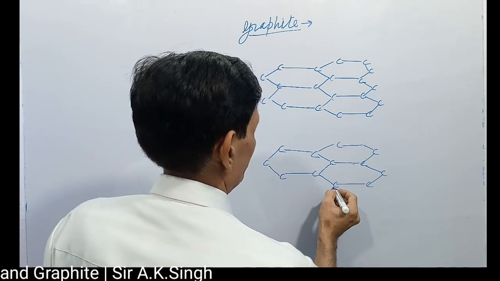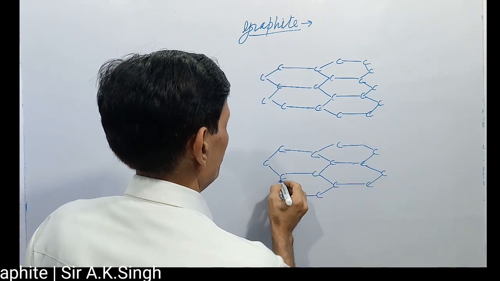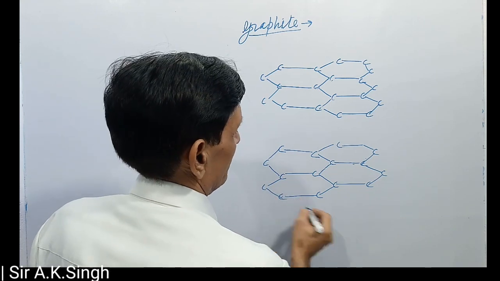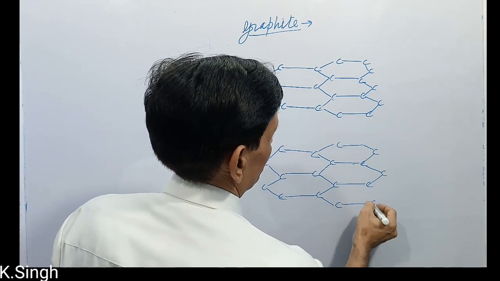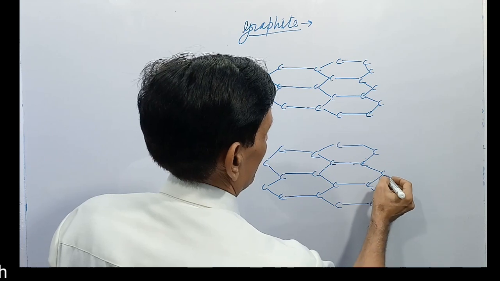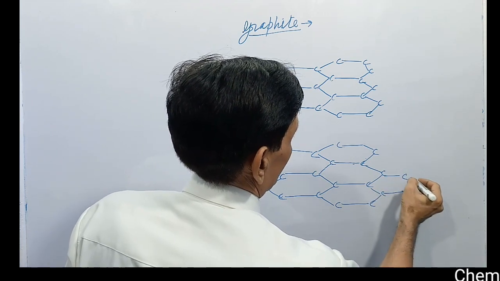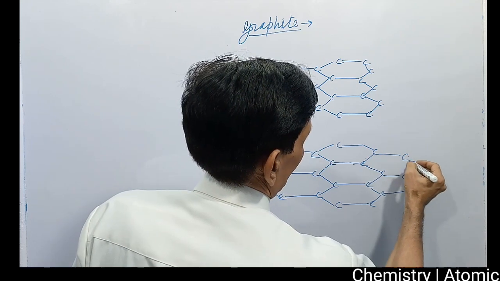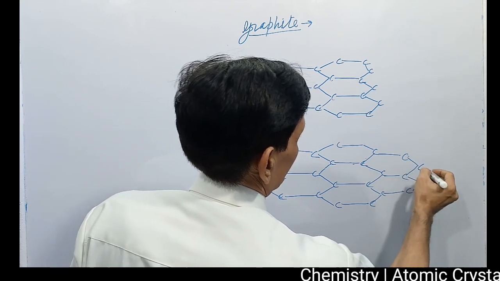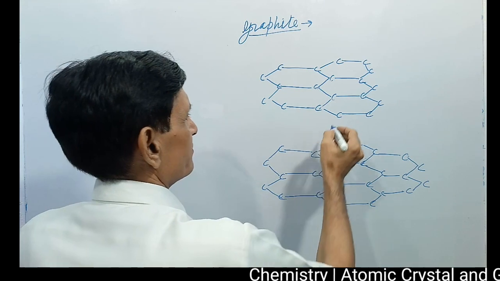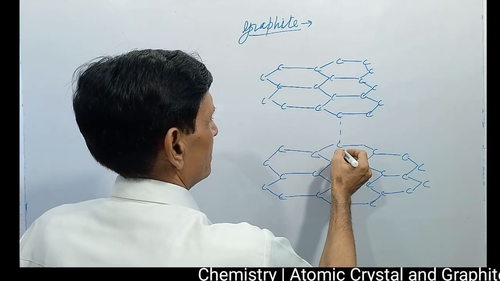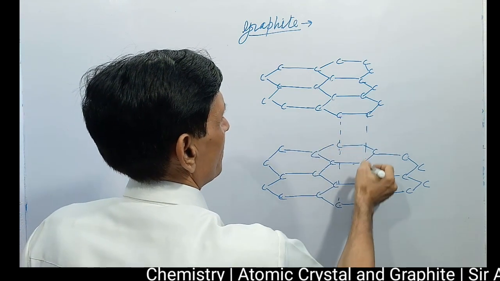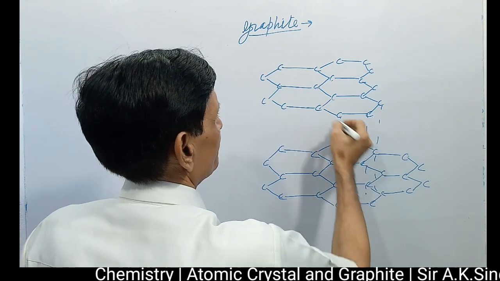Like this a layer is formed, and like this you can draw the layers of graphite, and here these are the forces between the layers.